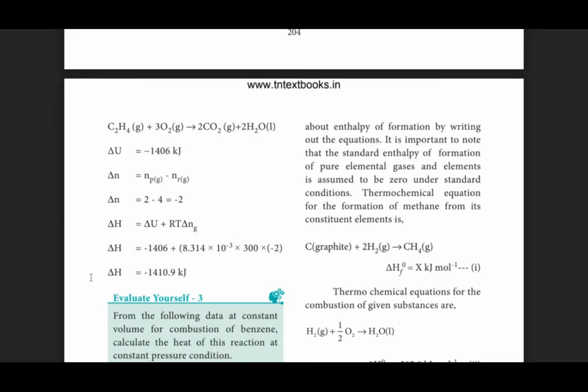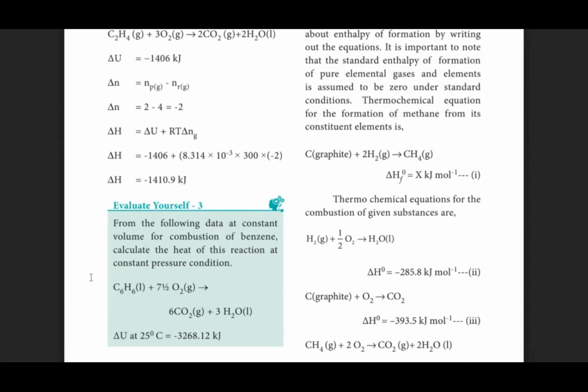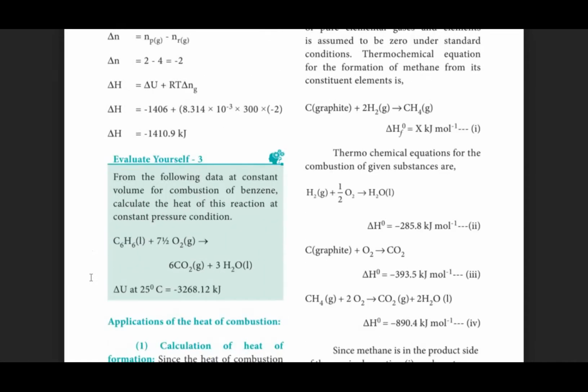Substituting the values, minus 1406 plus 8.314, that is the value of R, into 10 power minus 3, into 300, that is the temperature in Kelvin, into minus 2, that's the difference in the number of moles. If you multiply, you will get minus 1410.9 kilojoules. Like the same, one more problem is given for you to evaluate yourself.